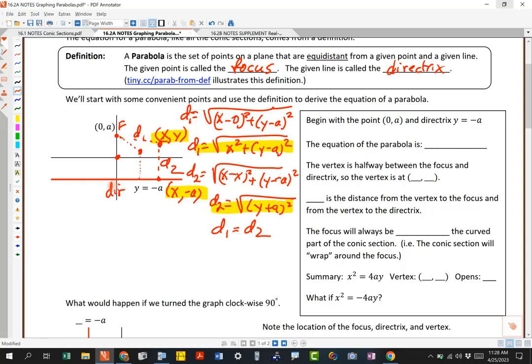So this is going to be the square root of x squared plus y minus a quantity squared, which would have to equal y plus a quantity squared. You doing okay so far? This is the ugliest one we'll do.